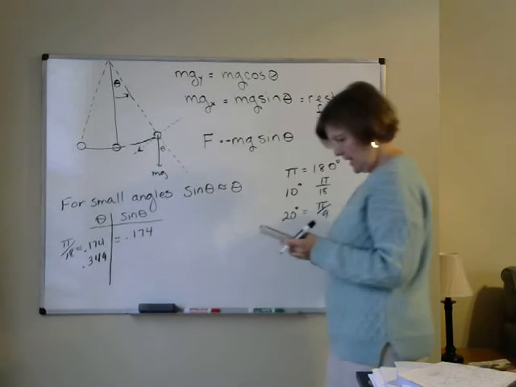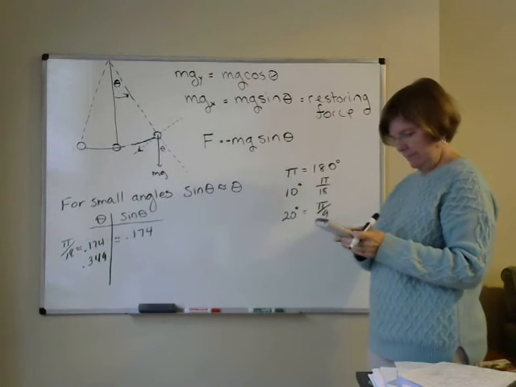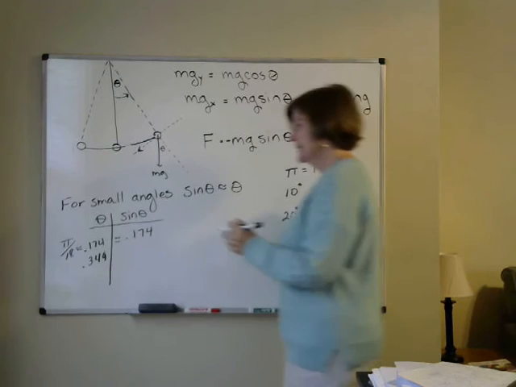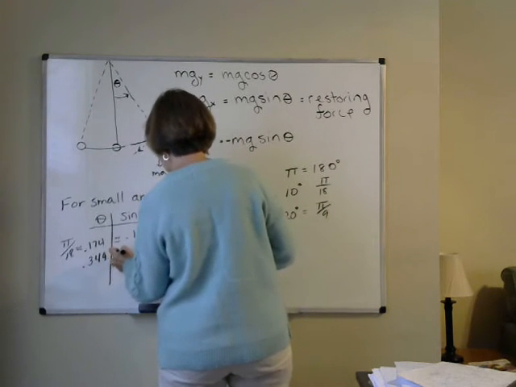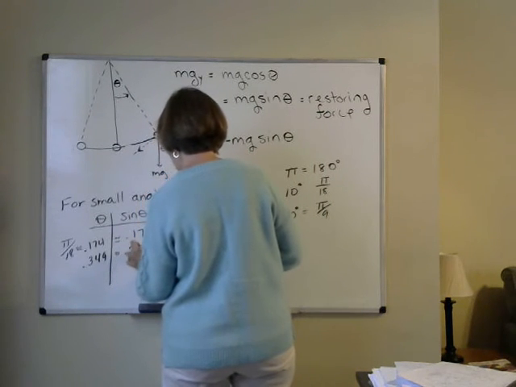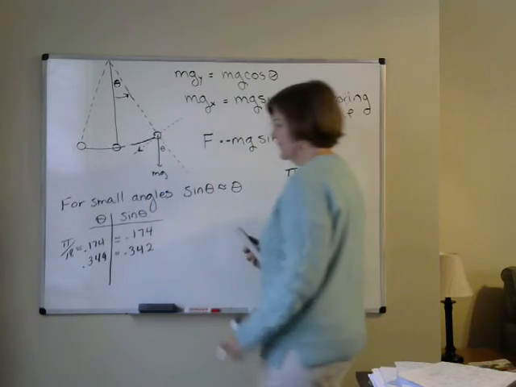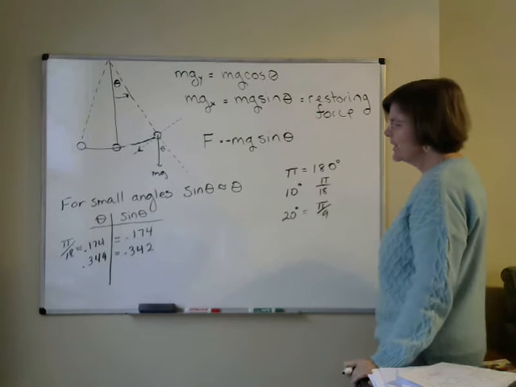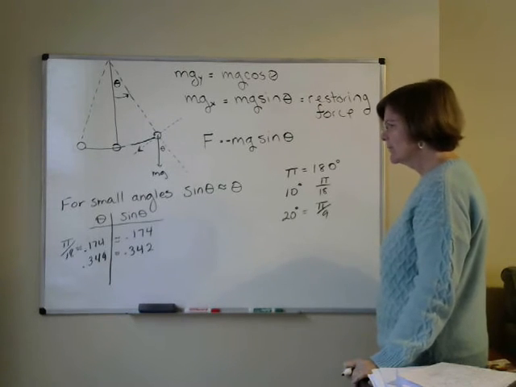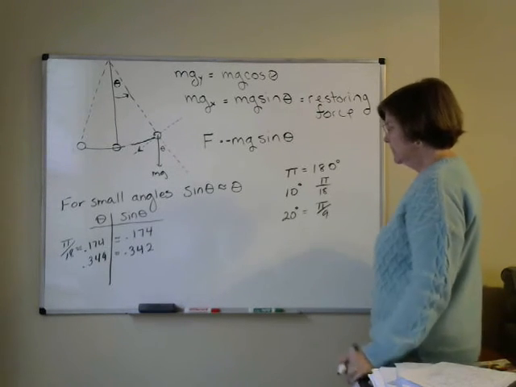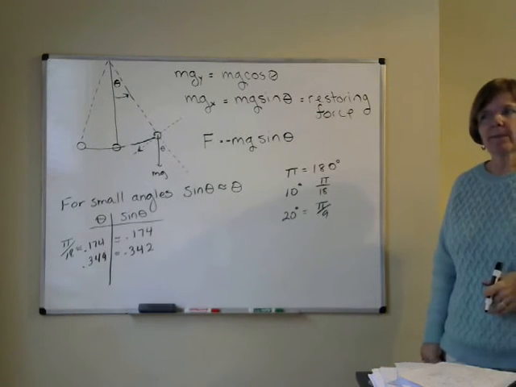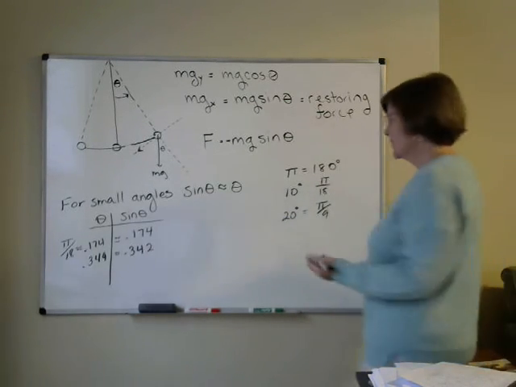Let's do sine of pi over 9. Not quite as accurate. It's about 0.342. So not exactly equal, but that's still pretty good, 0.349, 0.342. Anytime you're at 20 degrees or less, they're virtually the same. Let's go up to 30 degrees.